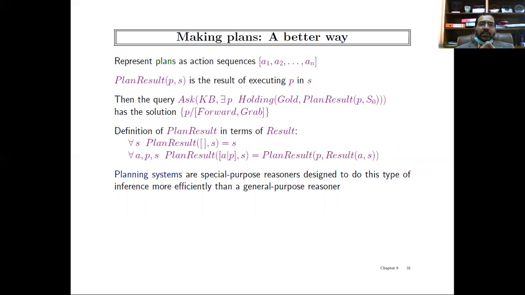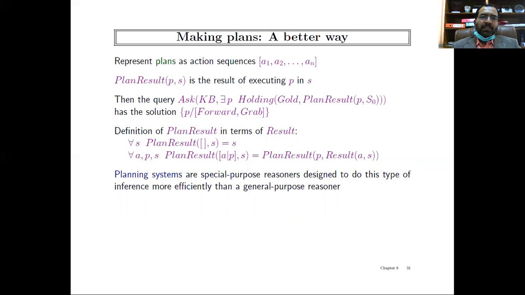The definition of plan result in terms of result will give you the following statement: for all S, plan result of the empty plan, S gives S. For all A, P, S, plan result of A followed by P, S gives the plan result of P, that is the outcome of action A and the state in which you reached.